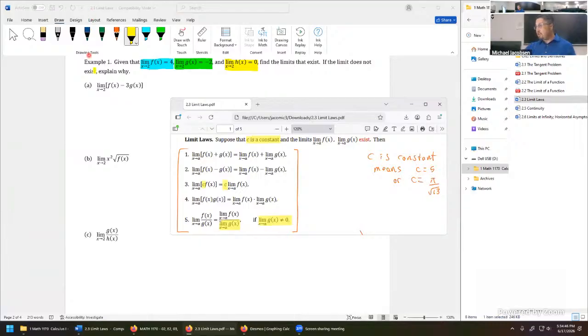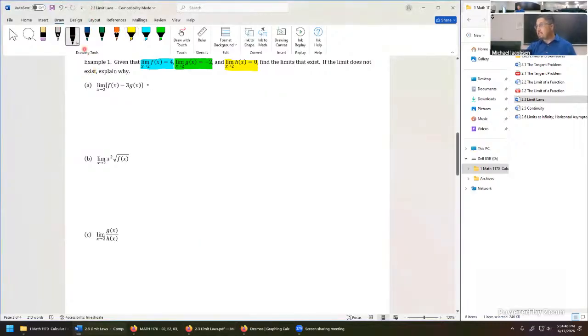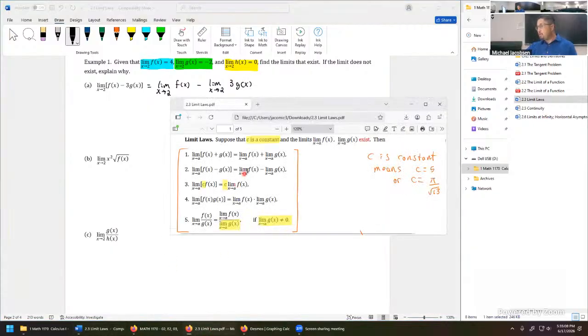So using that limit law, we can rewrite this as equals the limit as x tends towards 2 of the first function f of x minus the limit as x tends towards 2 of the second function, but the second function is the entirety 3 times g of x. So when we use the limit law number 2 right here, we're not using exactly g of x in that position where this g of x was.